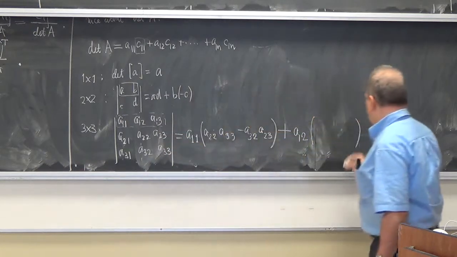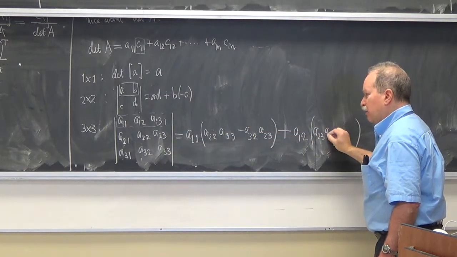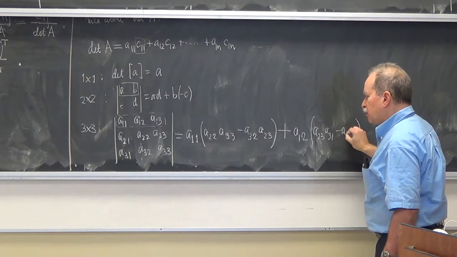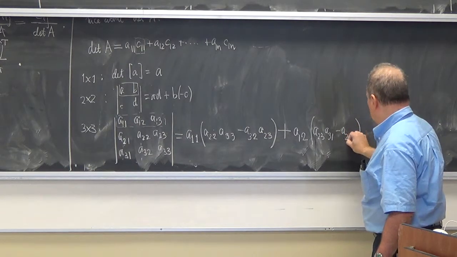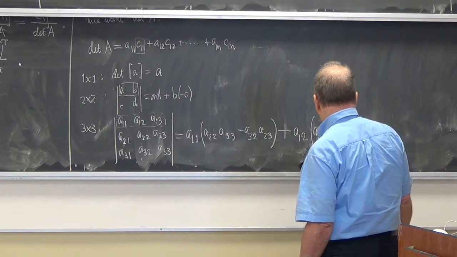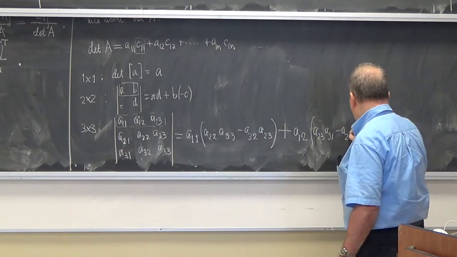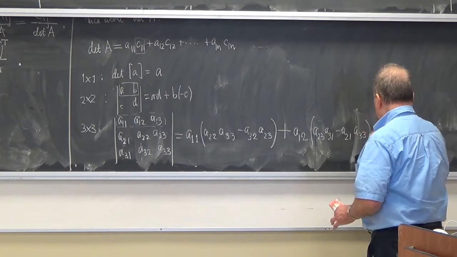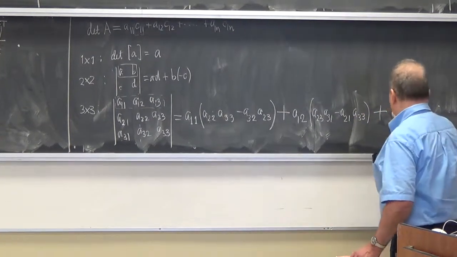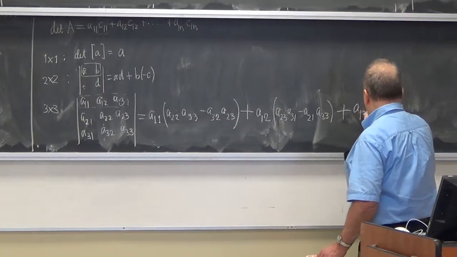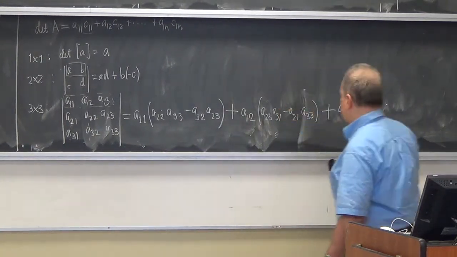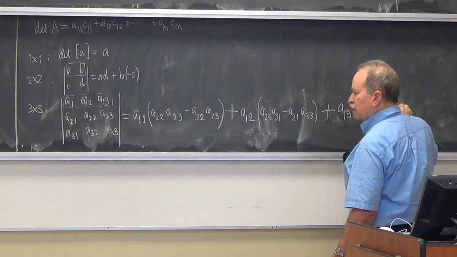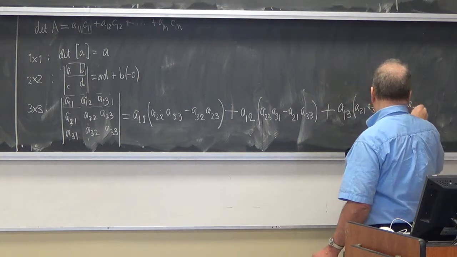So I'm going to have A23 A31 minus A21 A33. Plus, and then the last one, A13 times A21 A32 minus A22 A31.